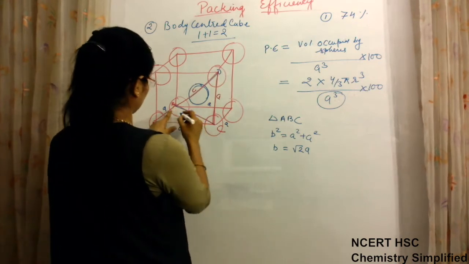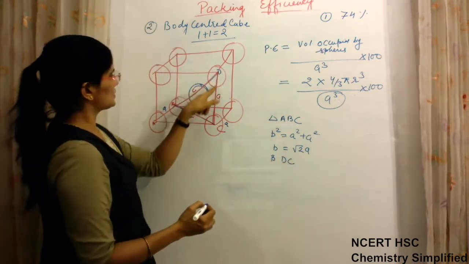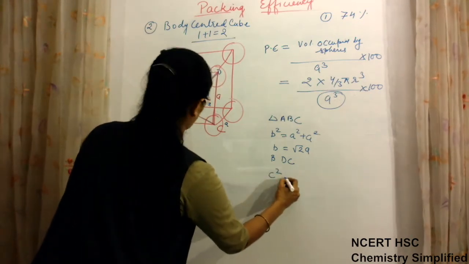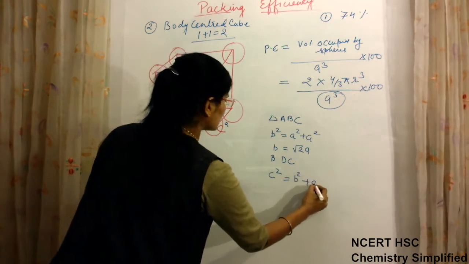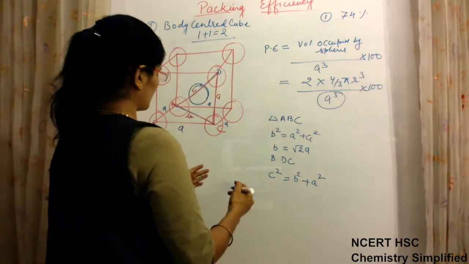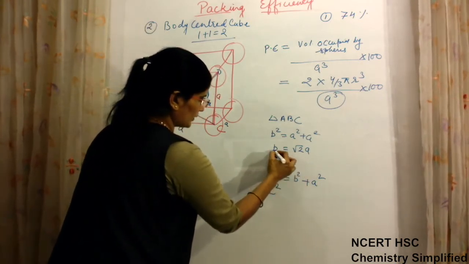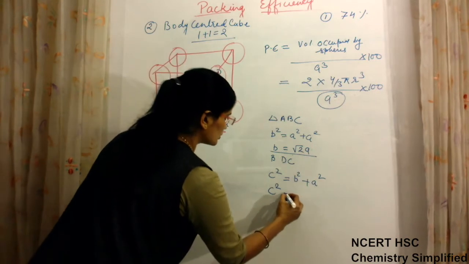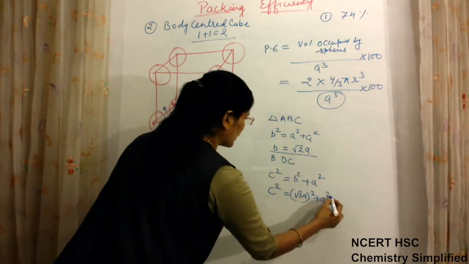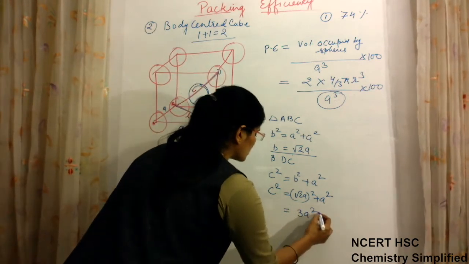In triangle PDC, in this triangle. Now this is hypotenuse, so C square is equal to B square plus A square. B square we have just calculated, B is root 2 A, so it will be equal to root 2 A whole square plus A square, that will be equal to 3A square.